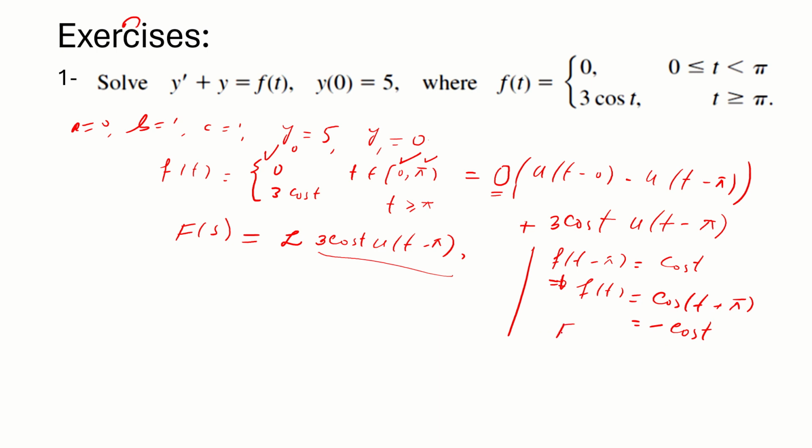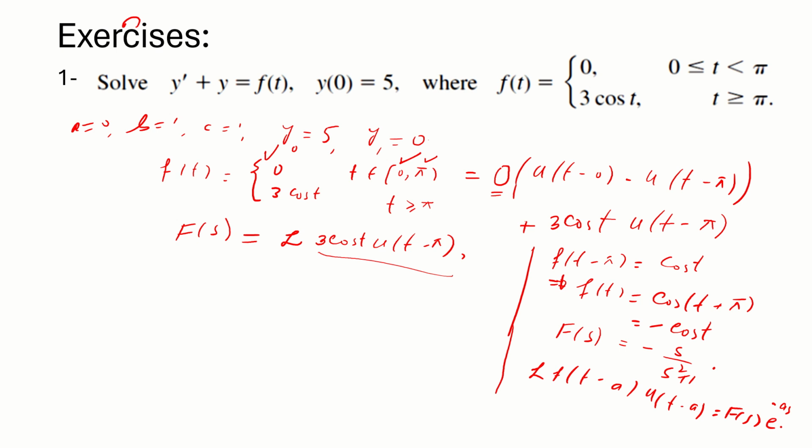So the Laplace of this will be f of s, which in this case will be minus s divided by s square plus 1. But according to the second shifting theorem, the Laplace of f(t minus a) u(t minus a) is f of s into e power minus a s. So we can do that.